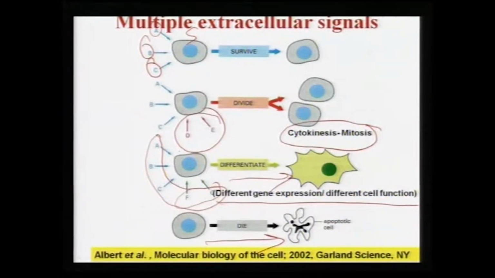Cell division is the result of the integration of A, B, C and D, E. Cell survival is the result of the integration of the three signals A, B, C. You understand? So, I repeat, this is called integrated response.